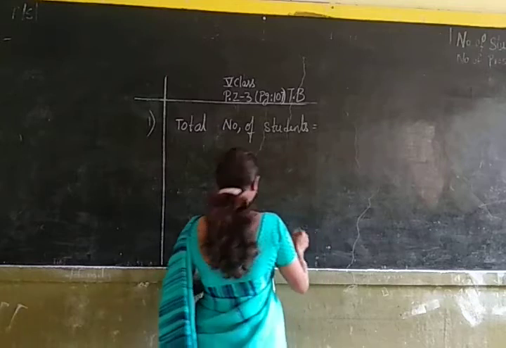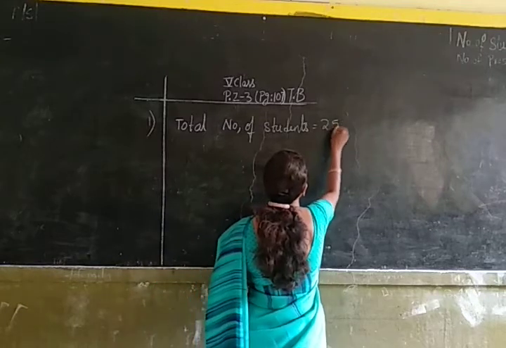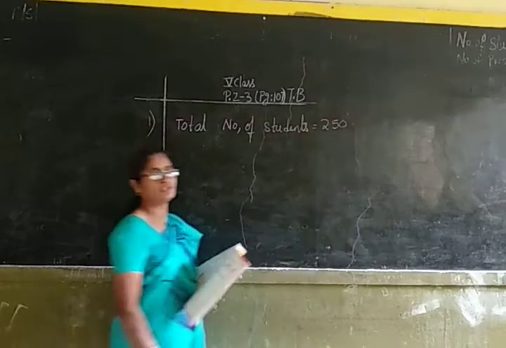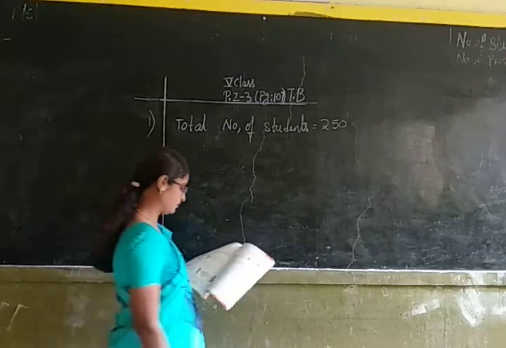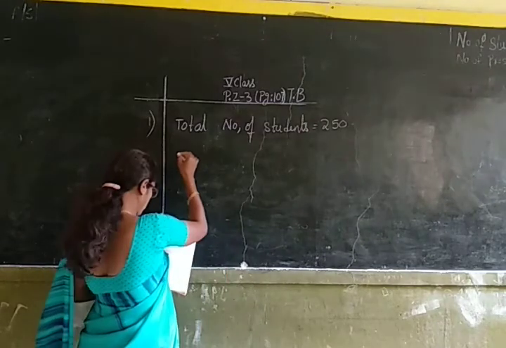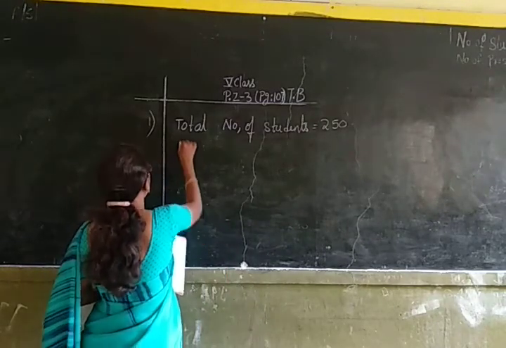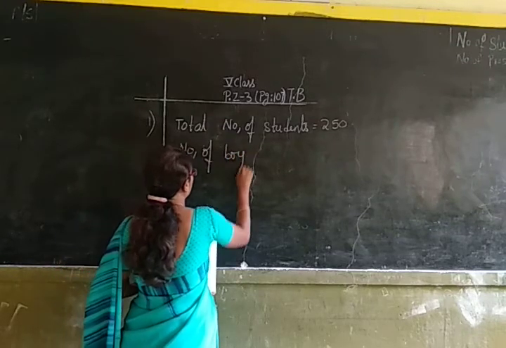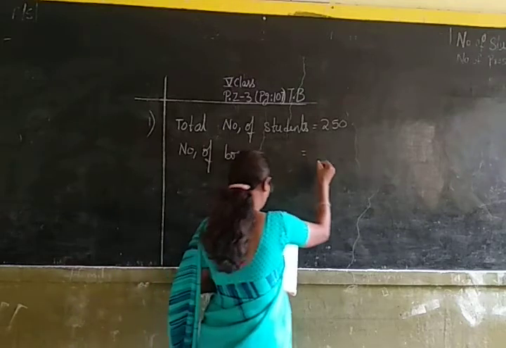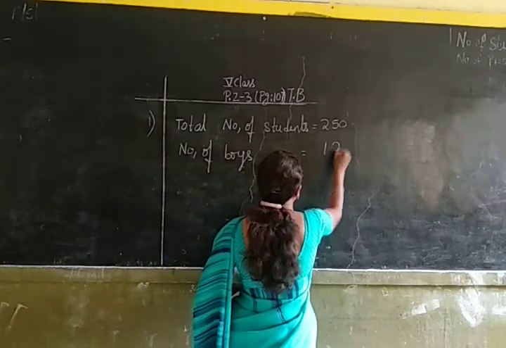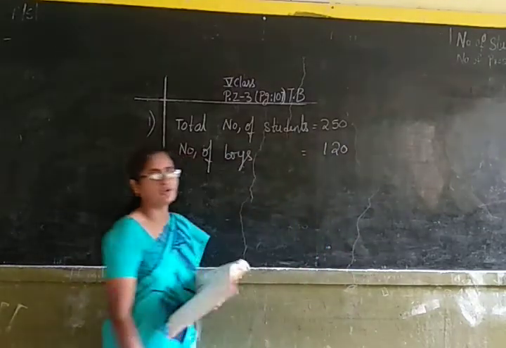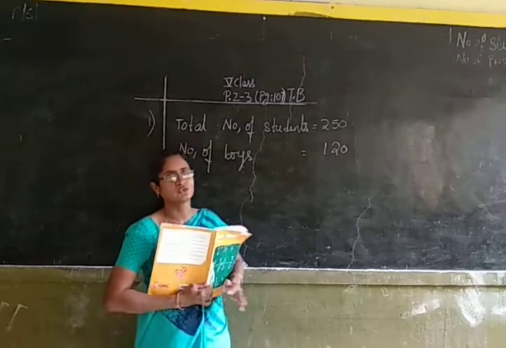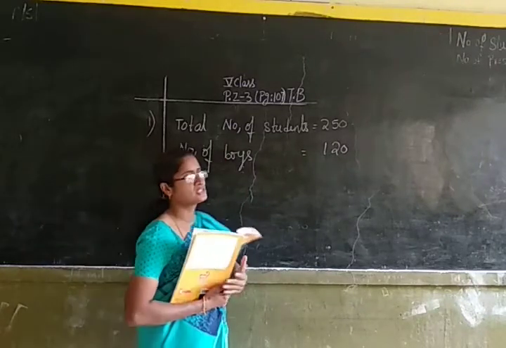There are 250 students, out of which there are 120 boys. So the number of boys is equal to 120. Total number of students is 250. Number of boys is 120.